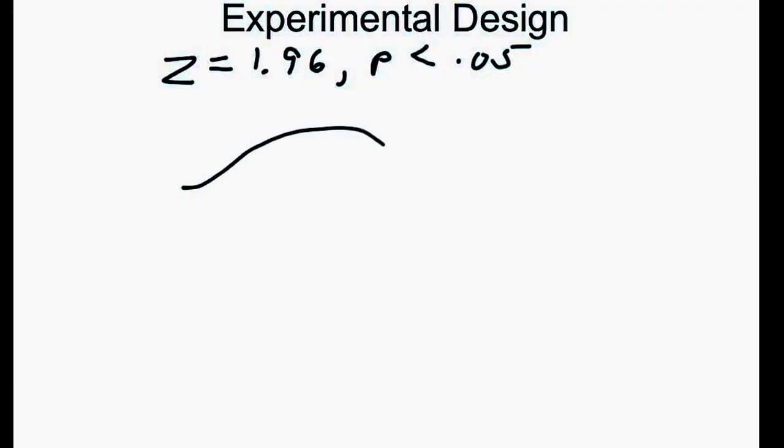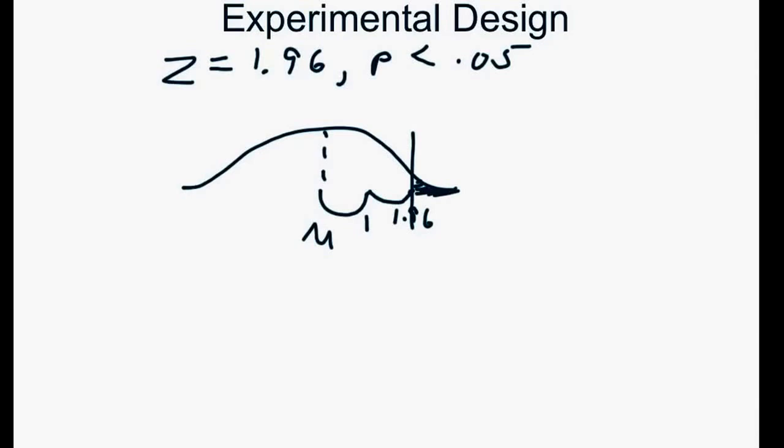I want to make one last quick comment about this concept of the critical value. If you remember, I said that a z of 1.96 is where the probability is less than 0.05. That means that when a sample mean is not 1, but 1.96 standard errors away from mu, then we're in that zone.